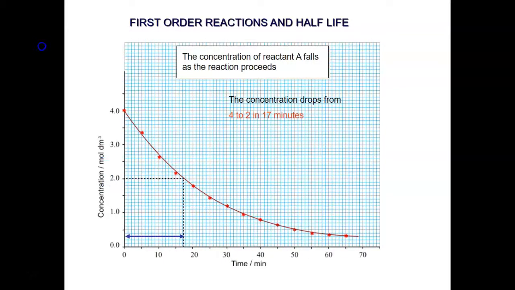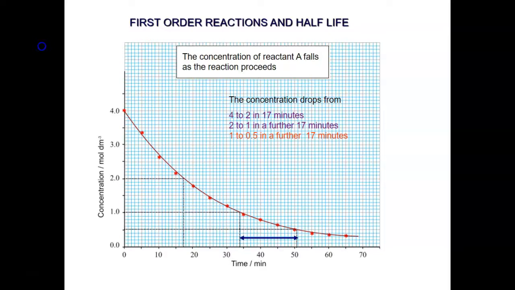So the concentration drops from 4 to 2 in 17 minutes. That's its half-life. The concentration drops from 2 to 1 in a further 17 minutes. And the concentration drops from 1 to a half in another 17 minutes.